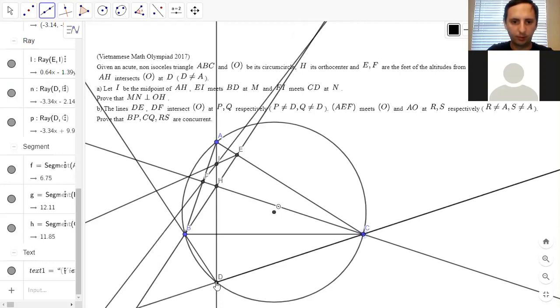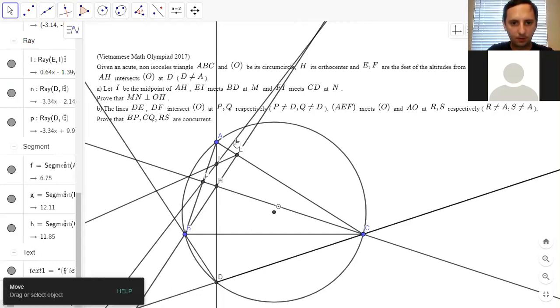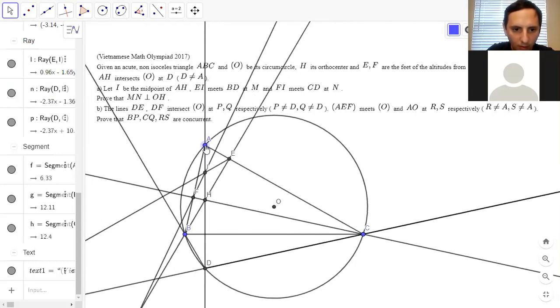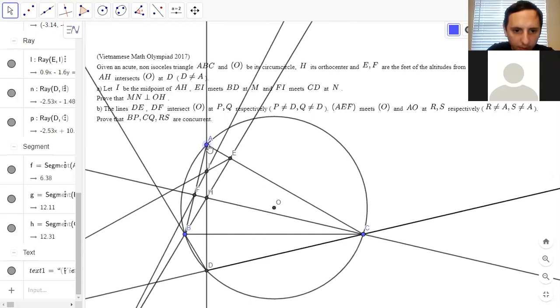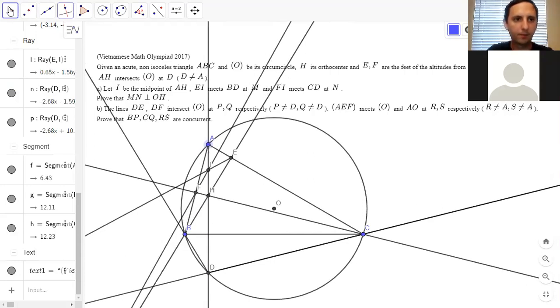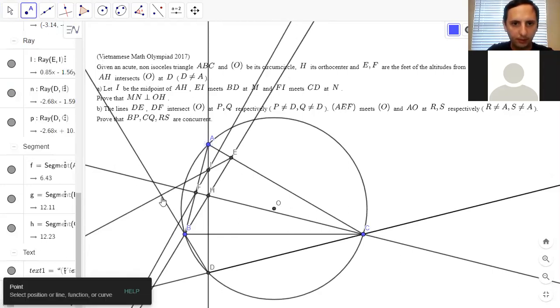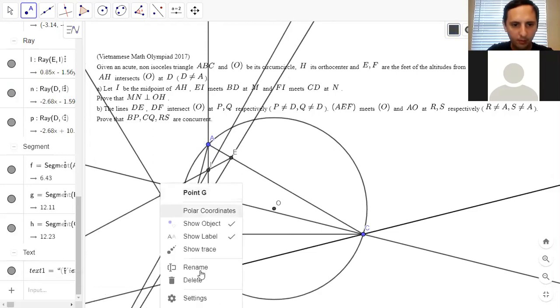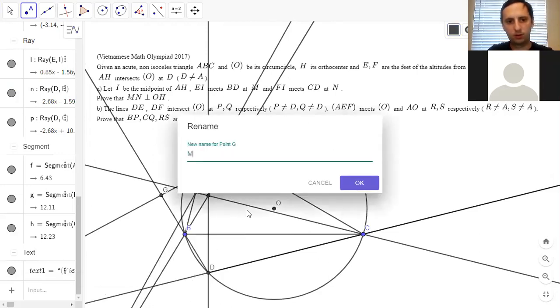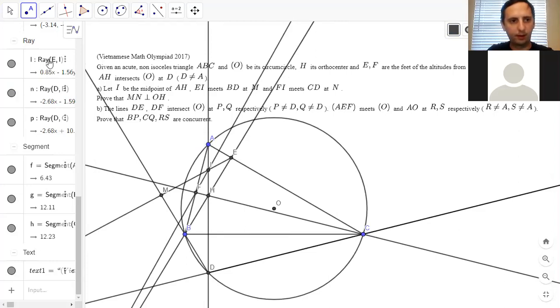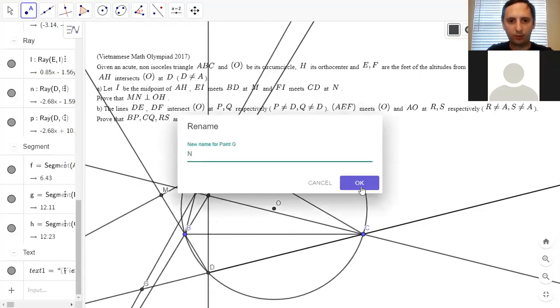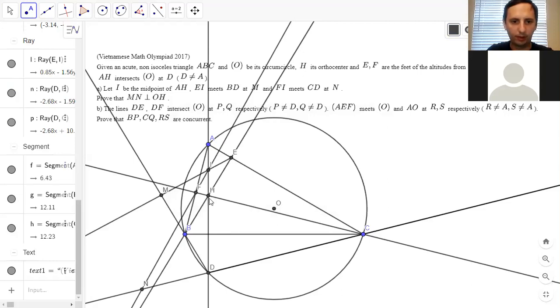CD should also really be a ray, okay, or a line. So we see where FI meets CD. Okay. EI meets BD at M. And FI meets CD at N. And we want to show MN is perpendicular to OH.